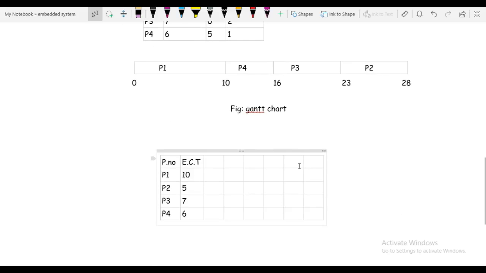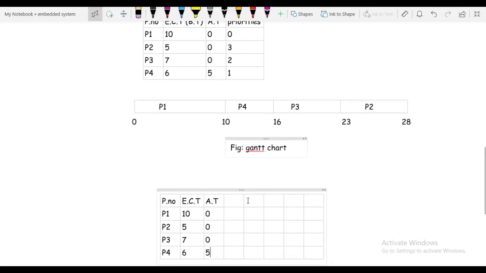Now we have arrival times 0, 0, 0 and 5, and priorities 0, 3, 2 and 1.